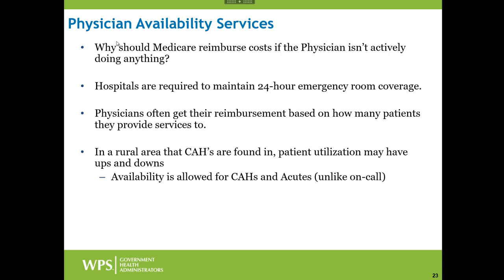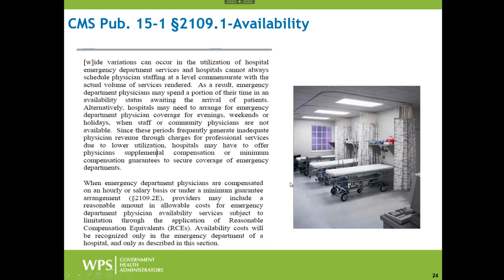Now, availability is allowed for both critical access hospitals and acutes. I do want to mention, however, on call, when we see that later on, is only for critical access hospitals. So that's the one distinction at this point. Availability, the on-site availability, is allowed for both critical access hospitals and acute care hospitals.